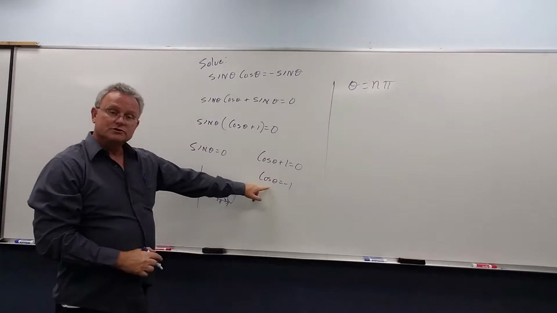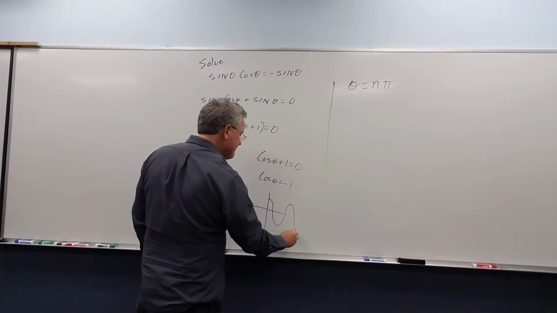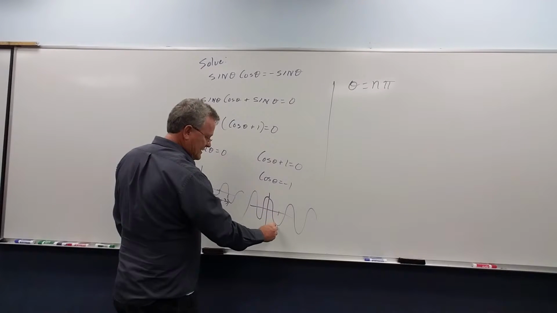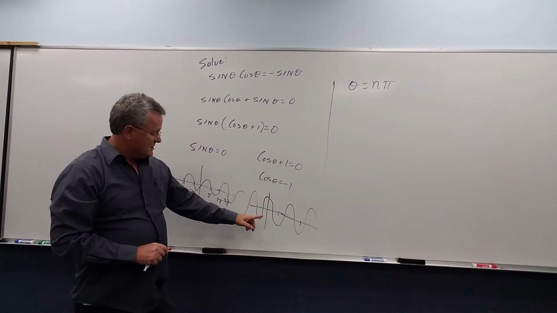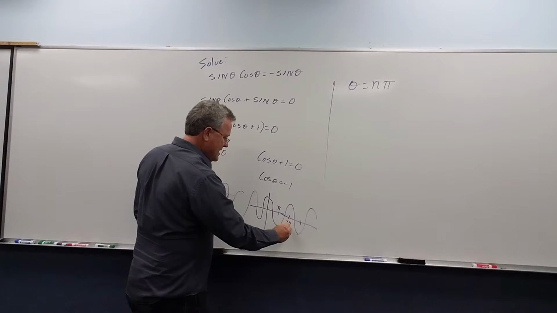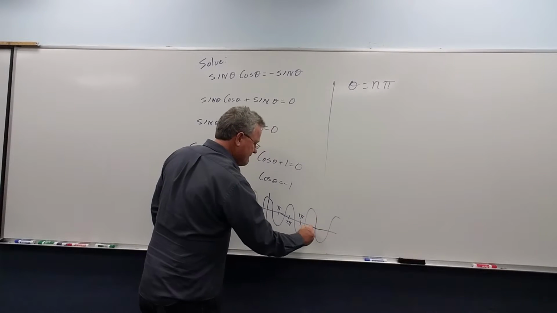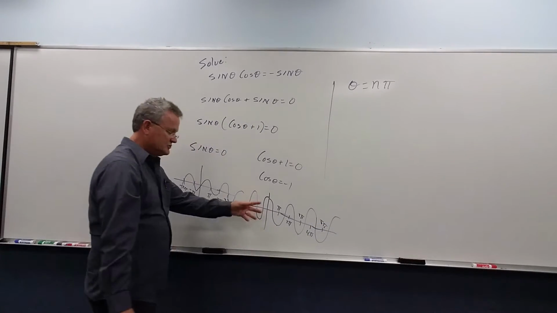What is the solution to this? Well, let's look at the cosine graph. Here we get -1. Here we get -1. This is pi, 2 pi, 3 pi, 4 pi. This is 5 pi, and so on.